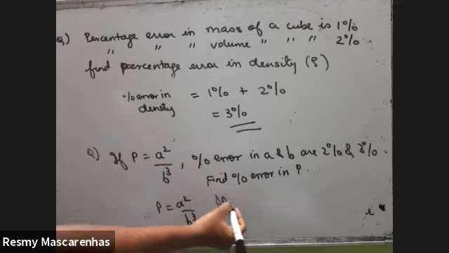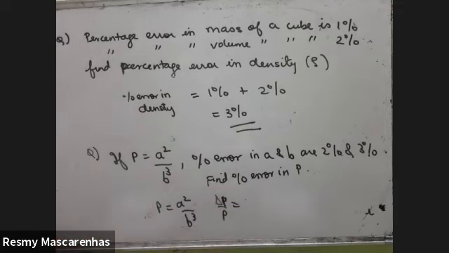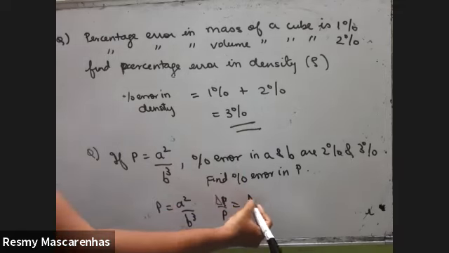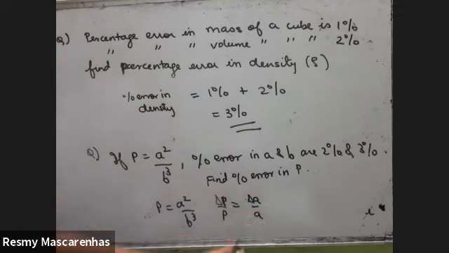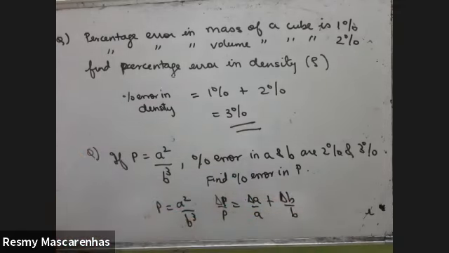Yes, delta P upon P into 100 is equal to delta A square. No, first one you don't multiply by 100. First tell me the basic one. Delta A upon A plus delta B upon B. And where did the 2 and 3 go flying?